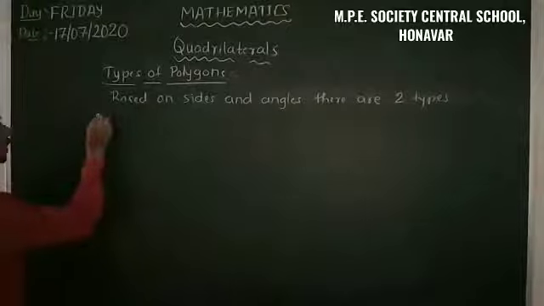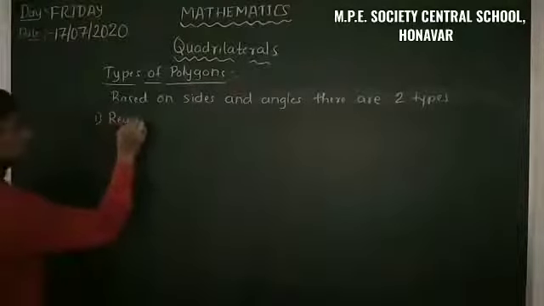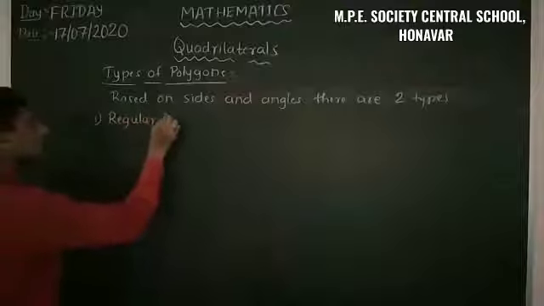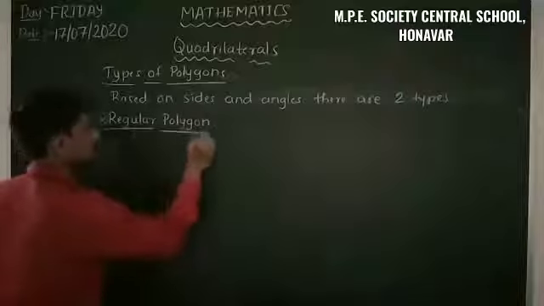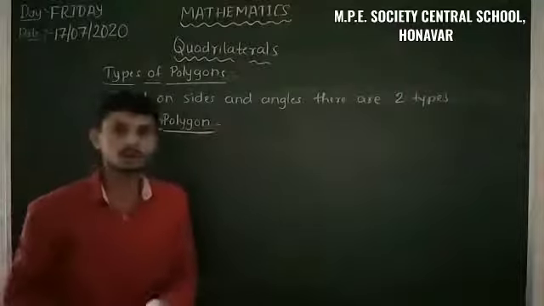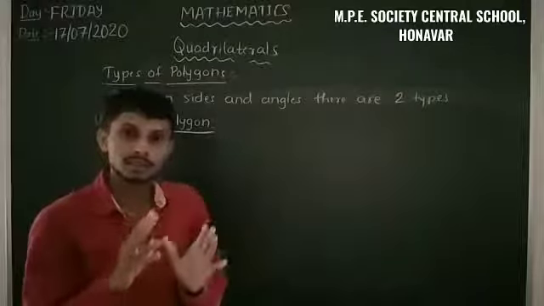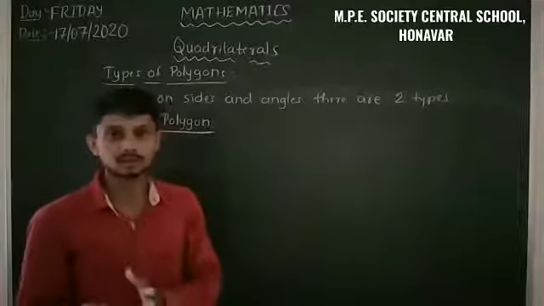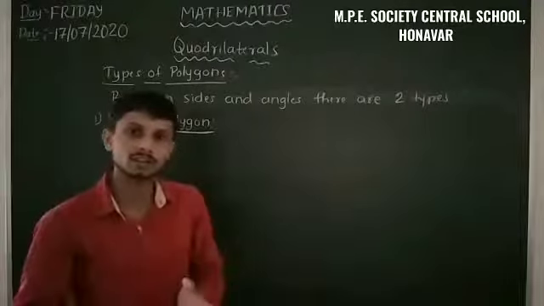So the first one is the regular polygon. The regular polygon means the polygon having equal sides and equal angles. So all the sides of a polygon are equal and all the angles of a polygon are also equal.